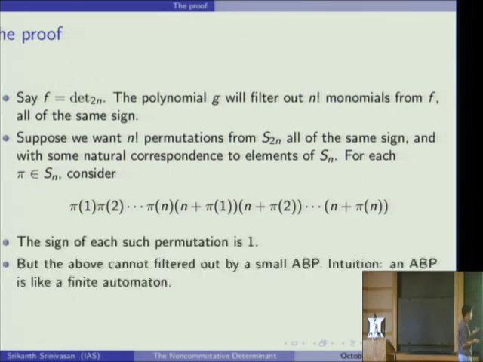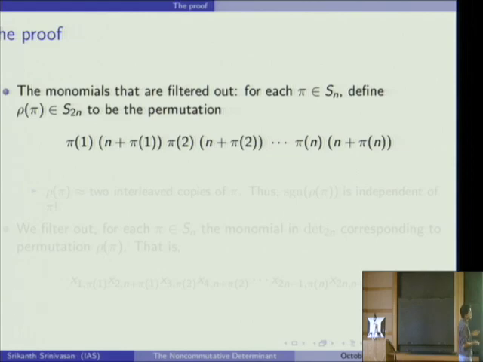That's exactly right. So what we are going to do is take that and interleave it. We look at the same permutation, only now we are going to look at pi 1 followed by n plus pi 1, pi 2 followed by n plus pi 2, and so on. These are the monomials; this is the monomial that corresponds to pi, in a sense.